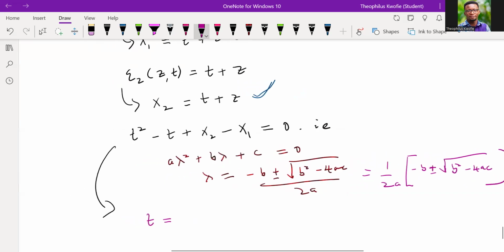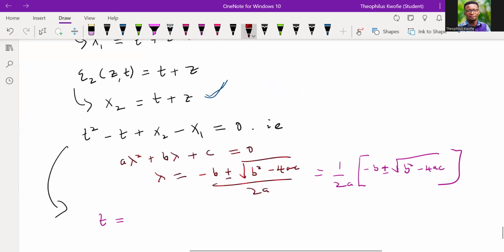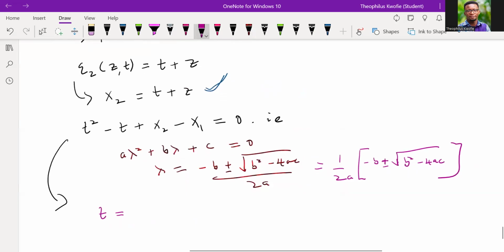Okay, so let's do that. All right, so what is our b in this question? It's -1. So from here, our b is -1, and that gives us positive, so plus 1 plus or minus root of. So I'll rather use this one.